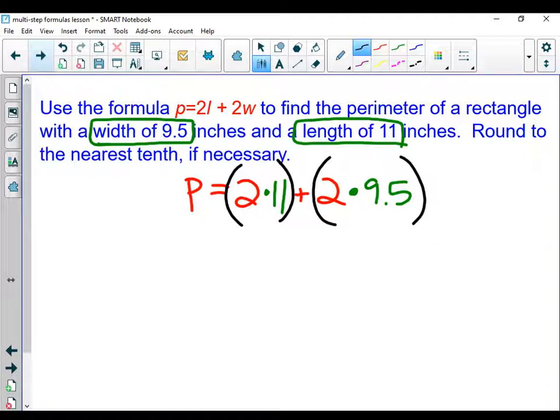What did you do? Travis, I think it's... Am I on the right track? 22 plus 19? Yes, I'm on the right track. So then 22 plus 19? 41.